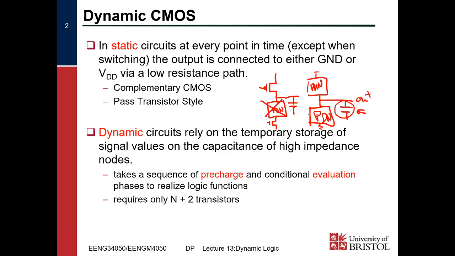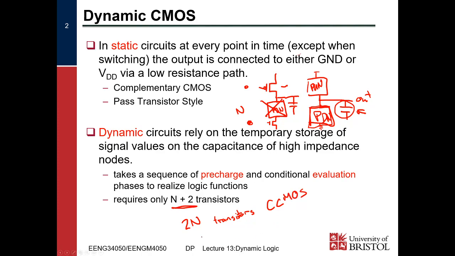Because we have just a single PDN, we don't have a pull-up network. Our PDN has N transistors for an ideal function, plus we've got these two transistors here. So we only need N plus 2 transistors compared to the 2N transistors for complementary CMOS, right?